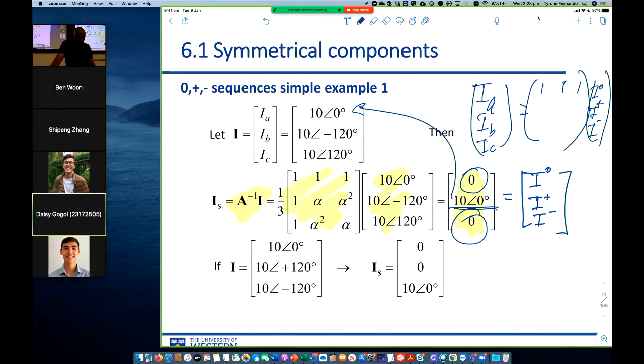You can see the zero sequence component is 0, the negative sequence component is 0, and only the positive sequence component is there, so you will get this answer, 10 angle 0. So the current we are looking at is symmetrical, therefore it has 0 zero sequence component and 0 negative sequence component, only a positive sequence component, as expected.